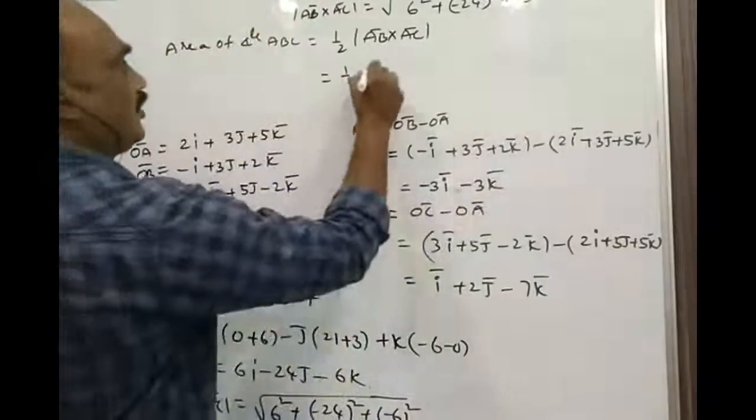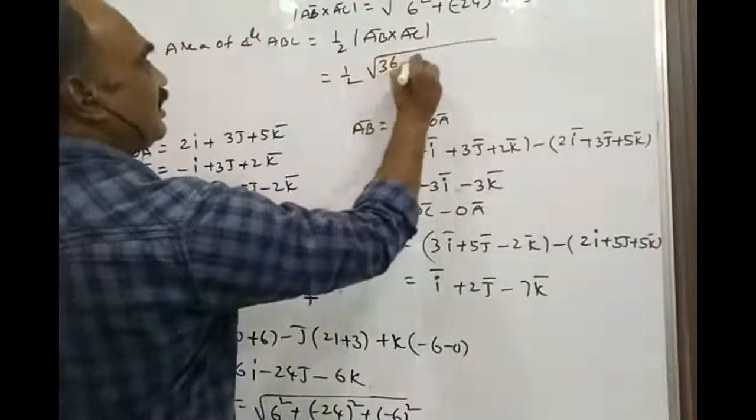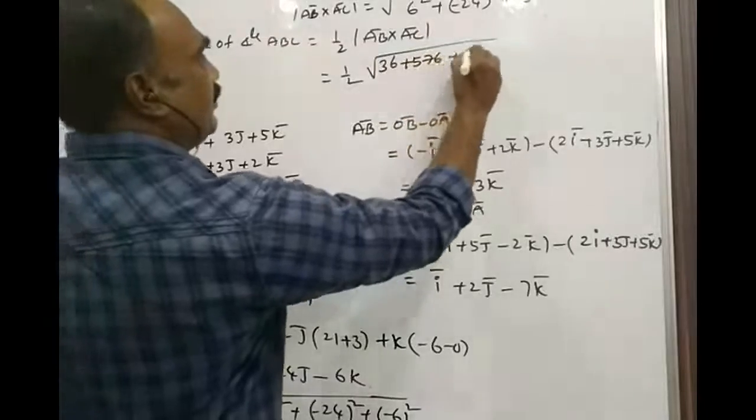So 1 by 2 into root of 36 plus 576 plus 36.